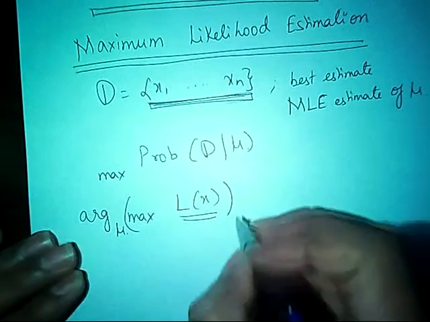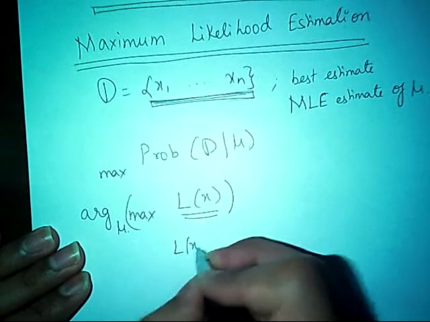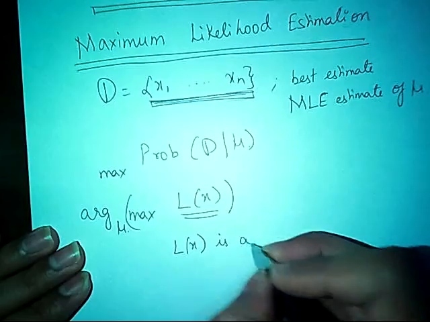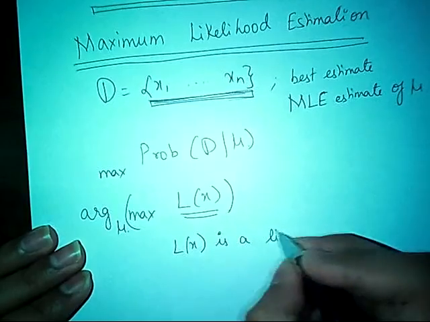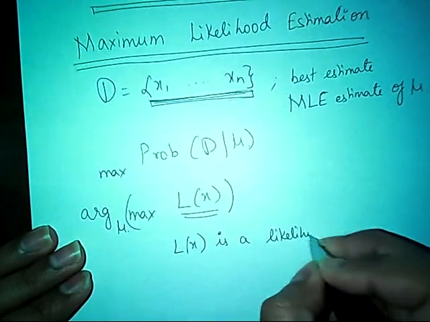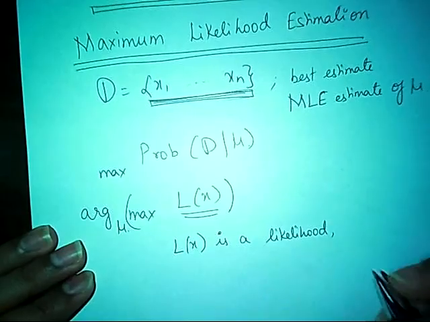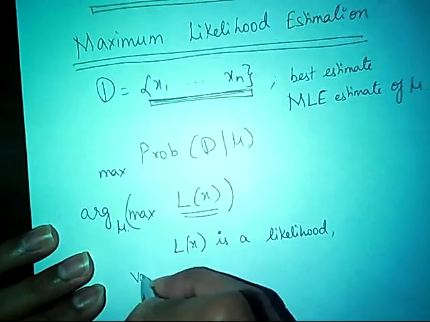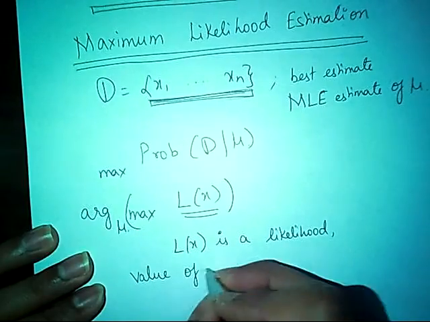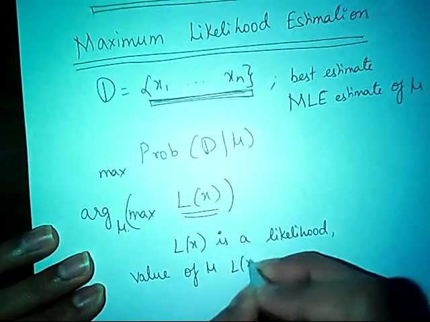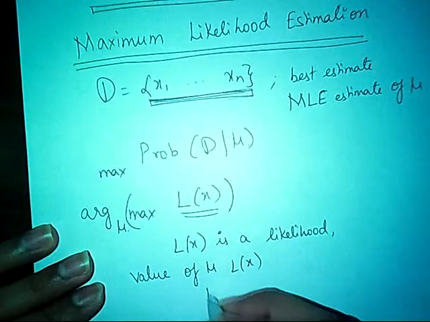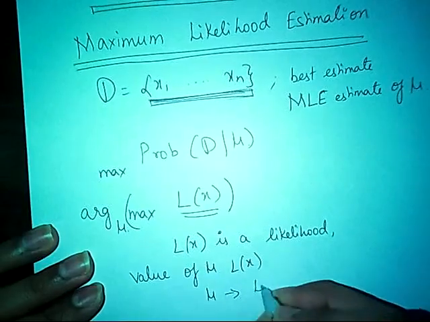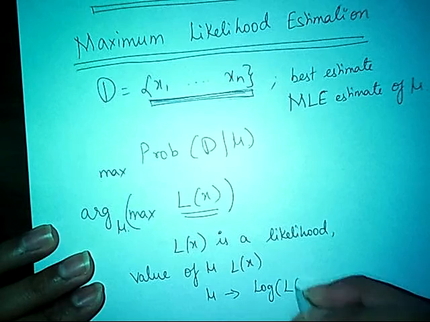As you can see, since L of x is a likelihood function, without going into too much detail, the value of mu that maximizes L of x will also be the value of mu that maximizes logarithm of L of x.